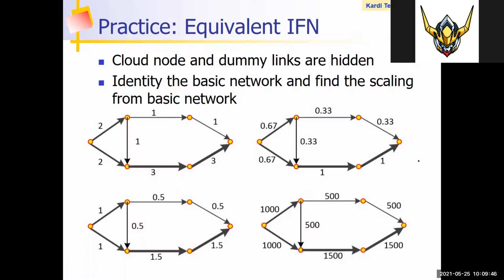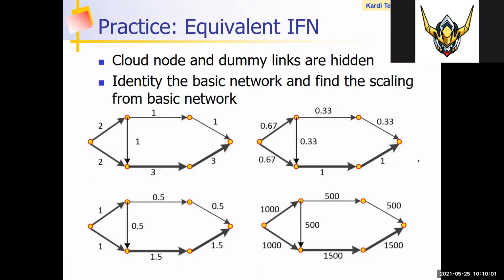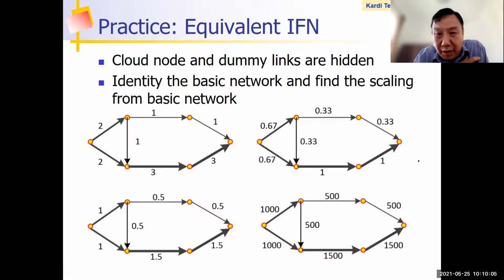Basic network are all integer, and the integer are minimum. So which one? The lowest one, right? The lowest one is the minimum.